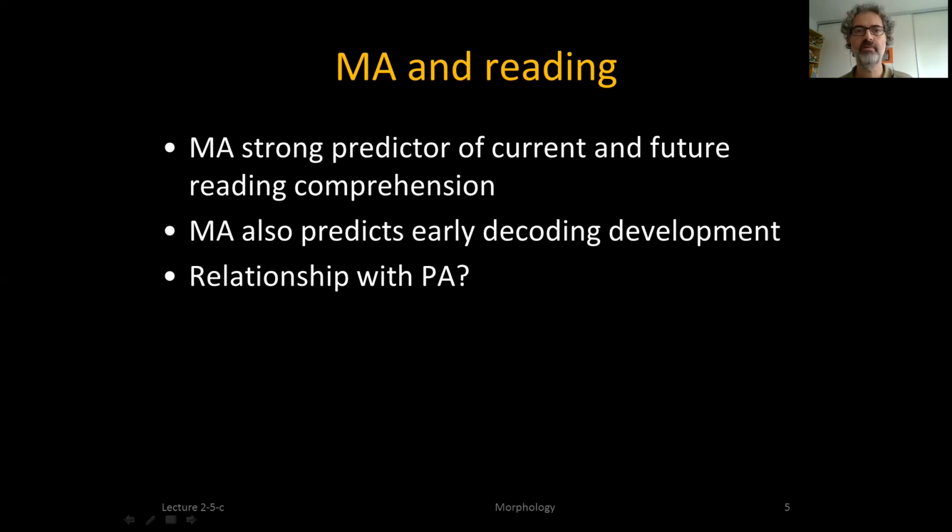So having an awareness of syllables from the one side is related to developing phonemic awareness and to decoding, and from the other side is related to understanding relationships between word parts and word meanings. And that may be another reason why morphological and phonological awareness are related, and why morphological awareness is also related to early decoding development.